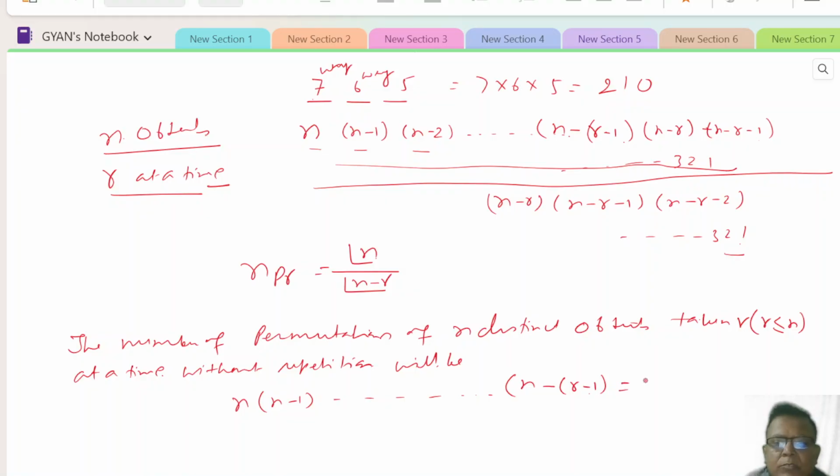That is equal to factorial n divided by factorial n minus r, and symbolically it can be written as nPr.